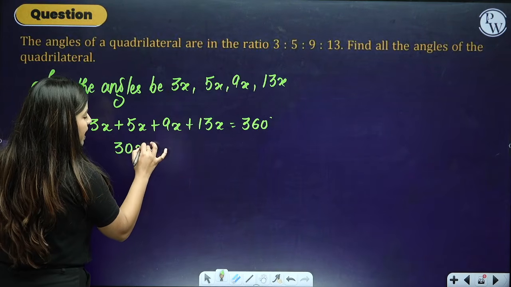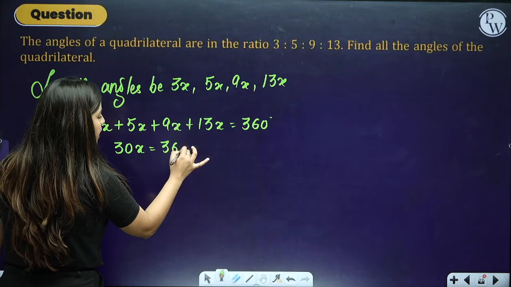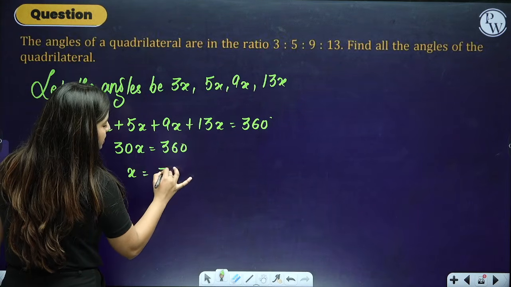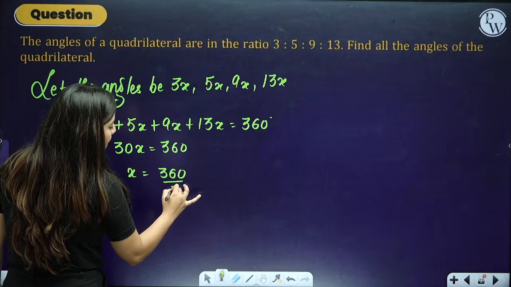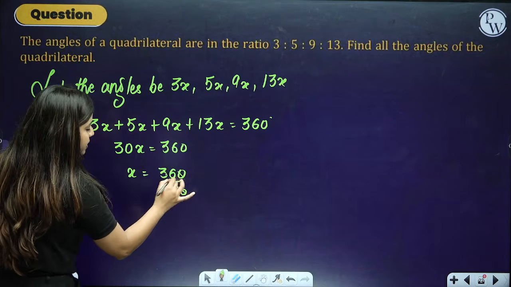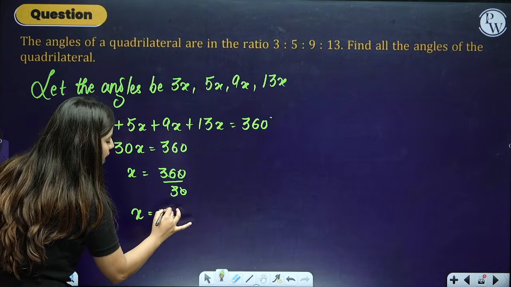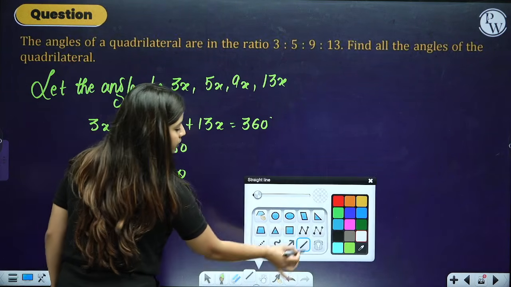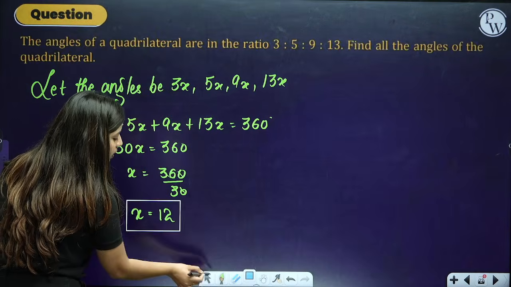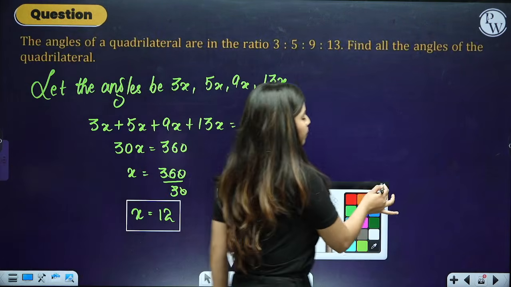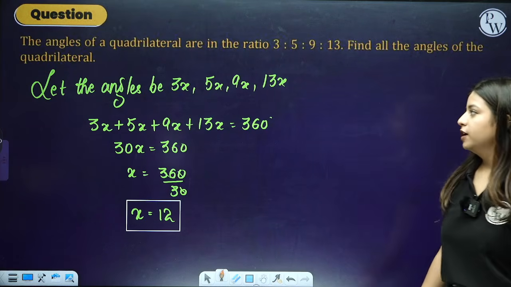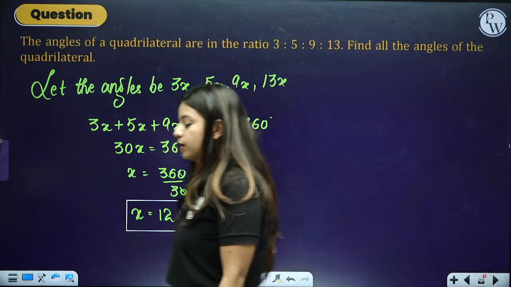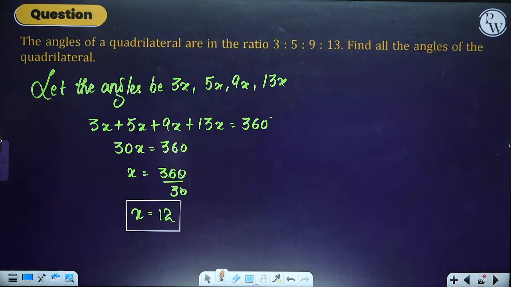So, 30x will be simply 360 degrees and from here x is equal to 360 by 30, and we can simply say that the value of x is equivalent to 12. So, from here we got the value of x as 12, right? This is how we find it out and it is as simple as that.